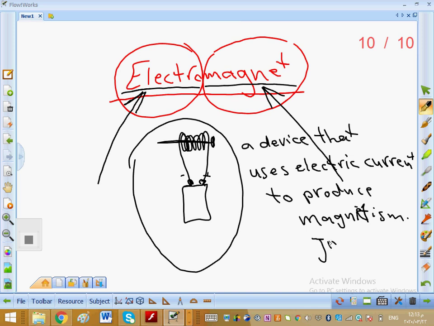Like cranes, and we know cranes are used to carry old cars from one area to another. So this is the third lesson included in this unit, about magnets, electric generators and electric motors.